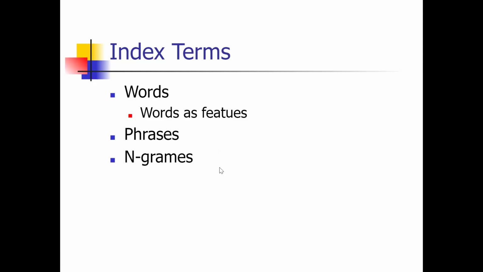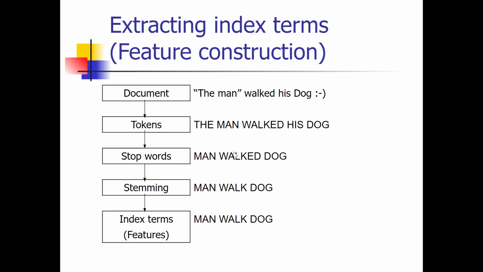If you take one word at a time, usually we call them unigrams. When you take two words at a time, we call them bigrams. If you take n words, then we call them n-grams. So n-grams, as the word says, is a sequence of n words.